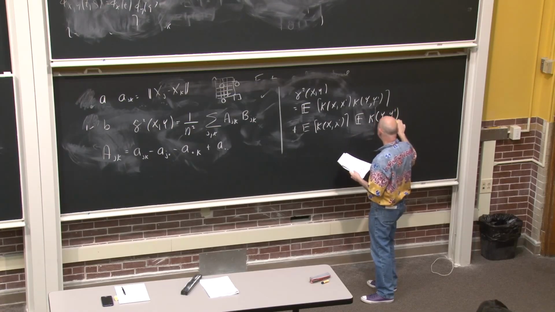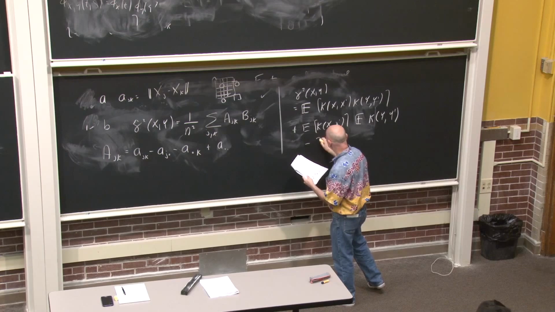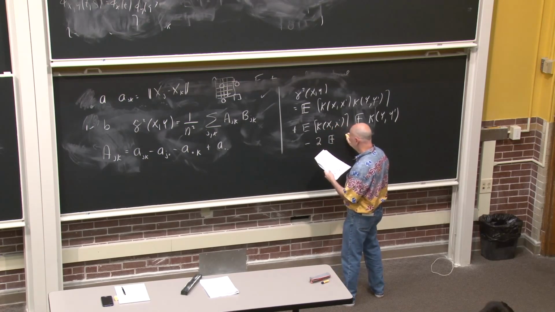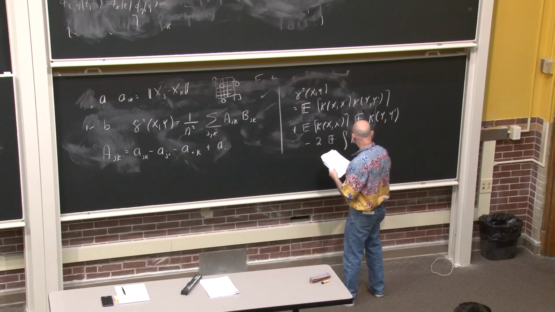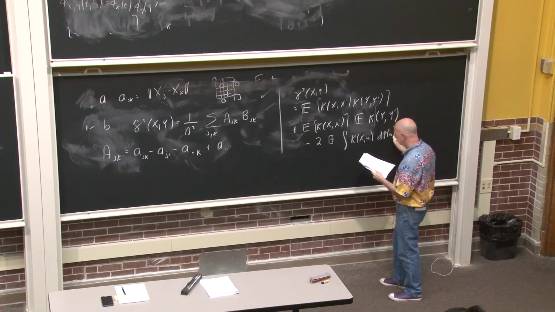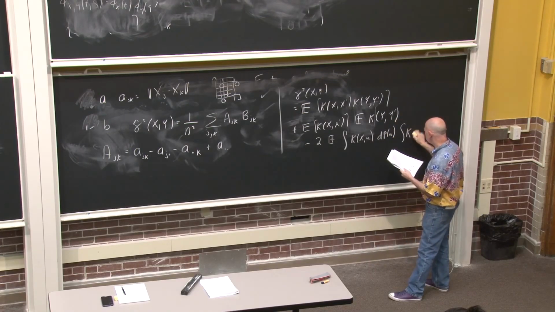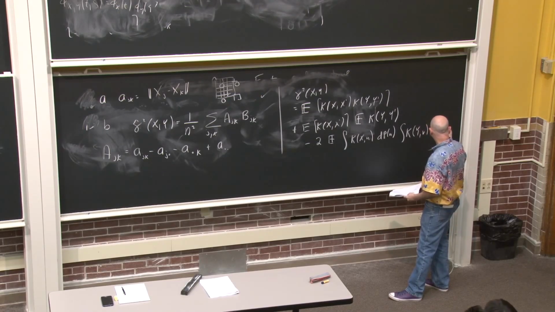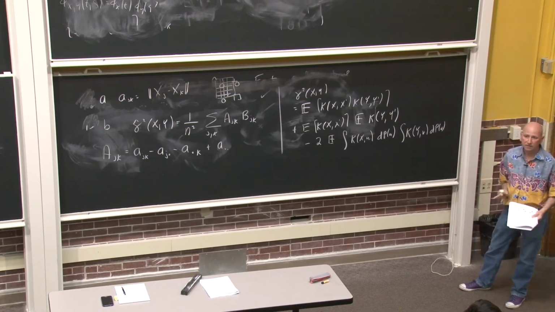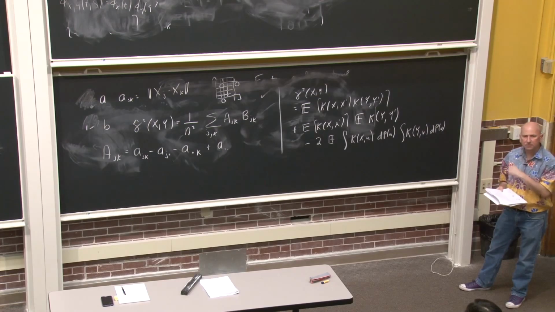This is rewritten a slightly different way. Minus 2 times the expected value. This is how you usually see it written in the kernel literature. But you can think of this as just a kernelized version of that statistic. There's a bunch of papers by Arthur Gretton and his colleagues that do this.